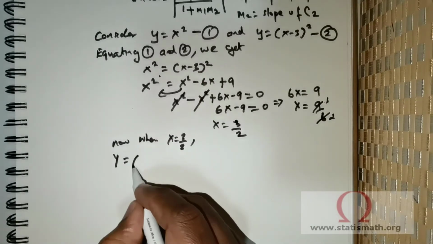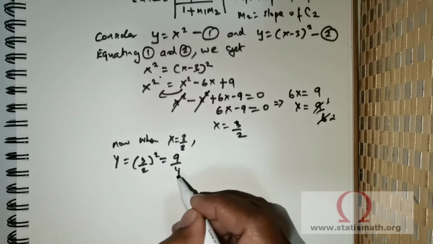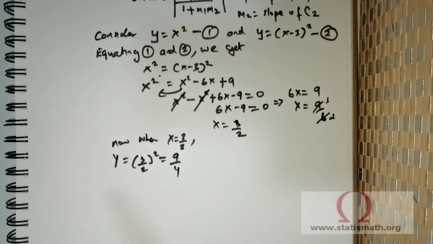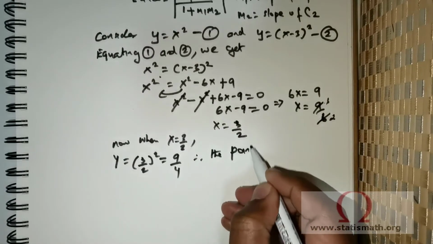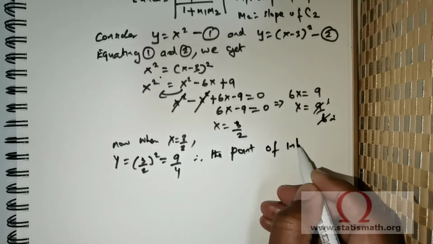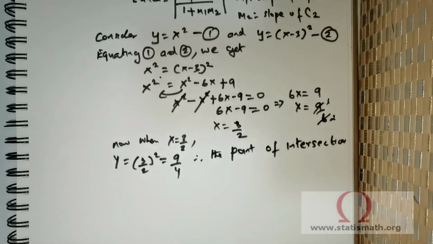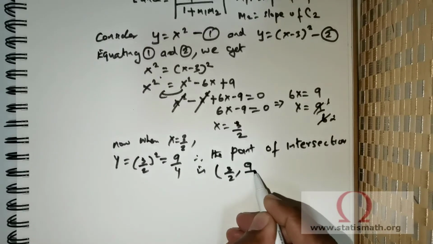So y will be equal to (3 over 2) raised to the power 2, which is 9 over 4. So we have got the point of intersection, which is (3/2, 9/4).